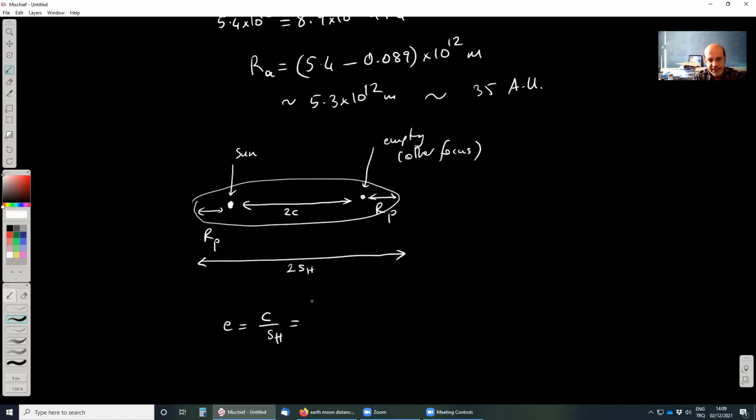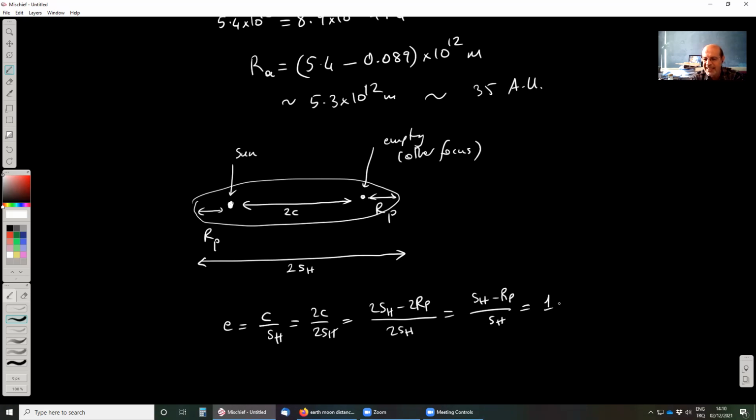Okay. So what is C? Right, that's 2SH minus 2RP. Okay, so that's the equation. So that's SH minus RP. Sorry about that. I need to do this calculation like this, unfortunately.